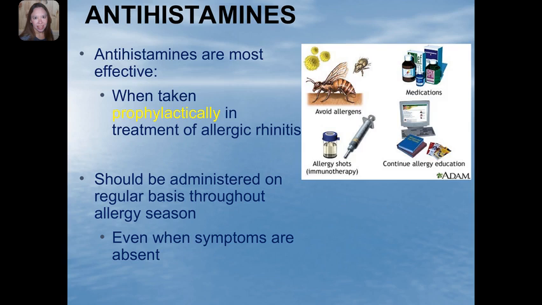We want them to actually be taking the medication prior to the signs and symptoms. So how are they supposed to know exactly when they're going to be experiencing complications of allergic rhinitis? They may not know. They may have to take the medication for a month, 2 months prior to when they know that they're going to get the signs and symptoms.